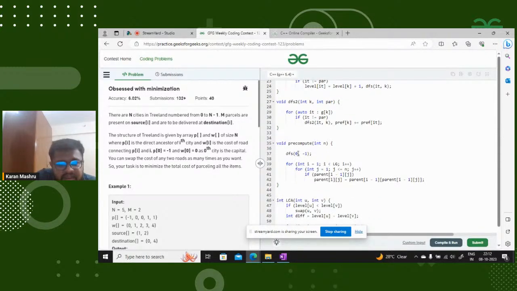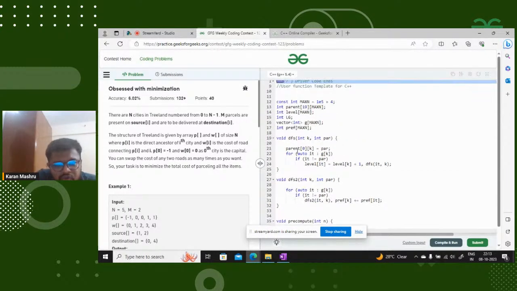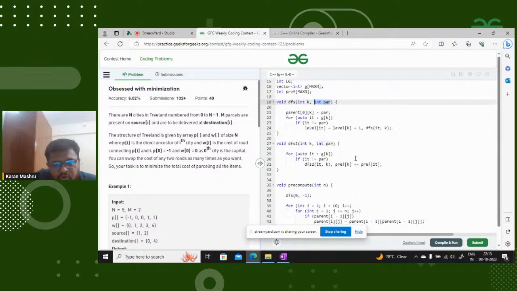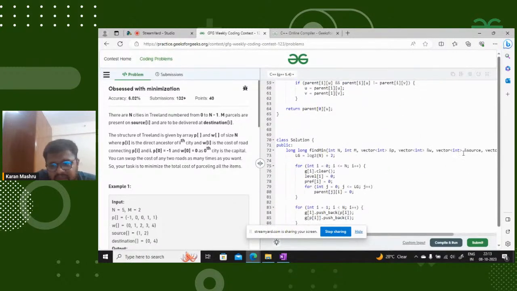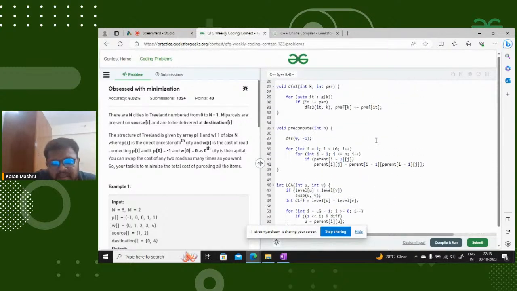And I have called DFS starting from 0, and since there is no direct parent of 0, I have passed minus 1. Okay, so direct parent of kth node is parent, which is passed as a parameter. Okay, here you can also access it from the given array, this array vector p. Okay, so direct parent of ith node will be p of i.